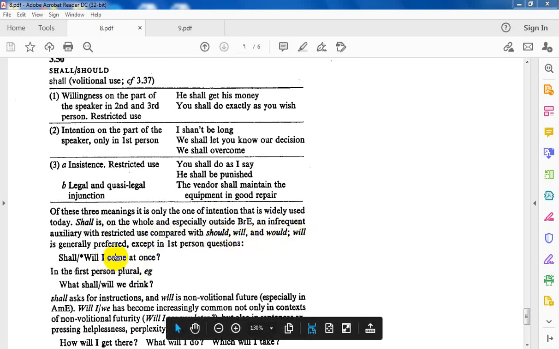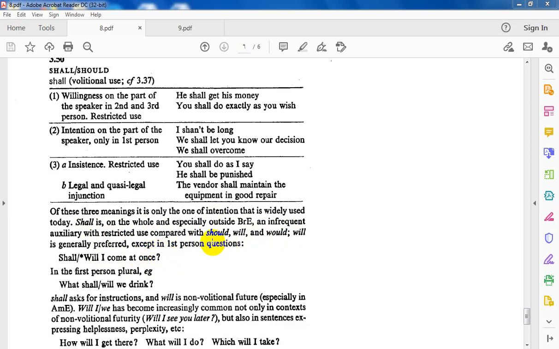Will is generally preferred except in first person questions. Here it is a comparison between shall and other auxiliaries like should, will, and would. Shall is just not frequent, like these modals.